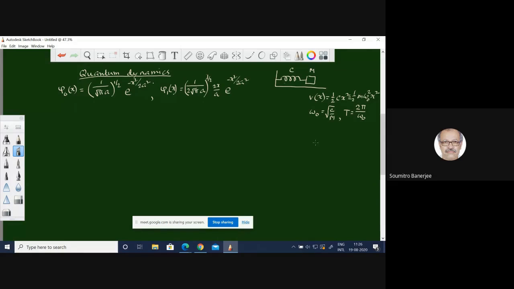If you recall, your a is a typical length parameter, ħ by m ω0.